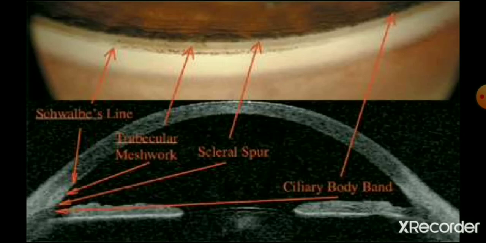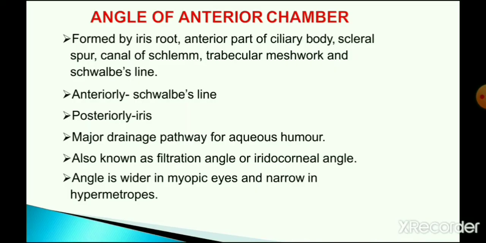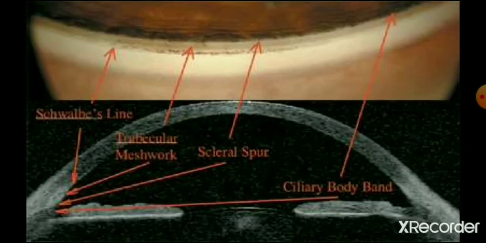Here you can see the various parts: Schwalbe's line, trabecular meshwork, scleral spur and ciliary body.